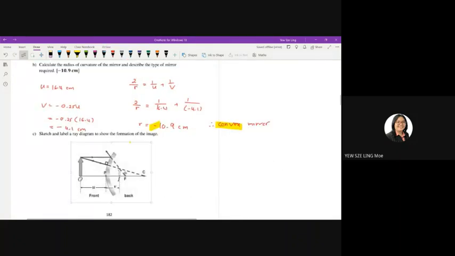So basically that is the answer. You just label U as 16.4 cm, and then your V is 4.1 cm, and then this is your image.